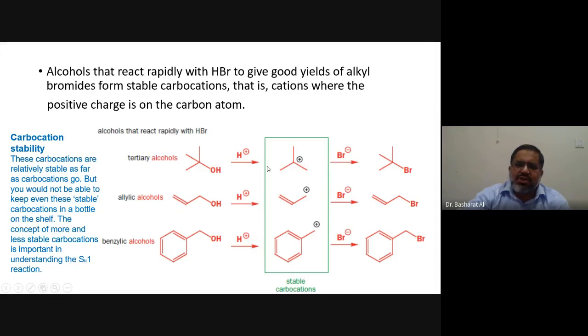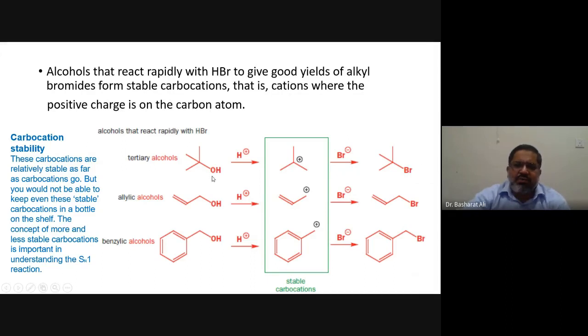In this tertiary butyl carbocation, the tertiary carbon has a positive charge, and in the second step, the negatively charged bromide ion attacks this carbon and produces a molecule.